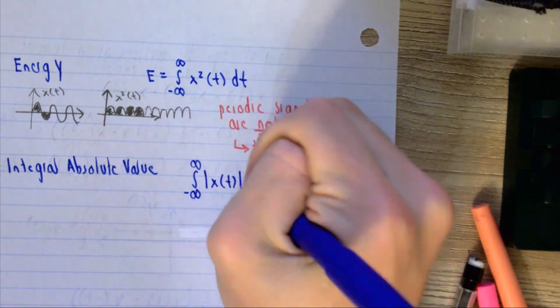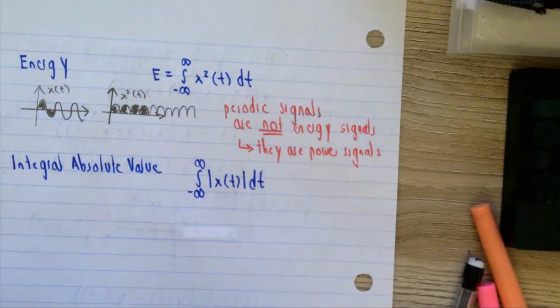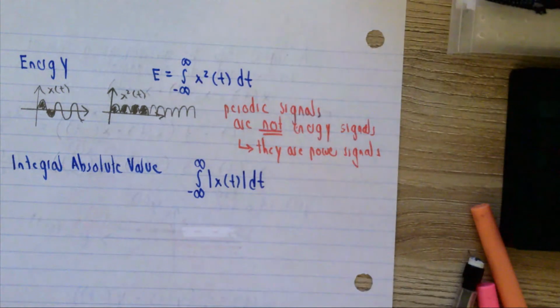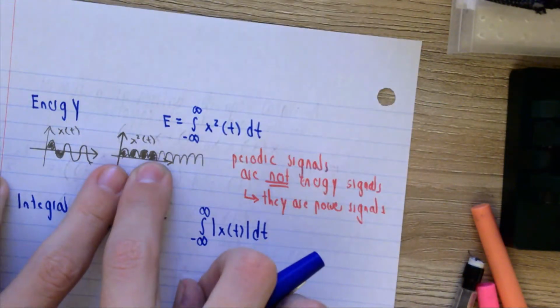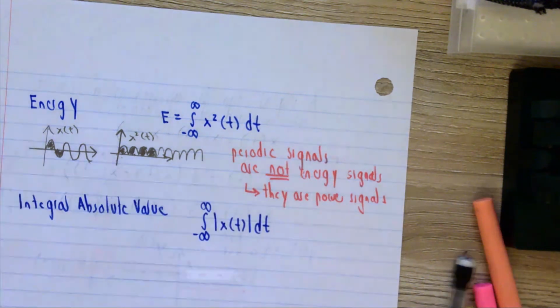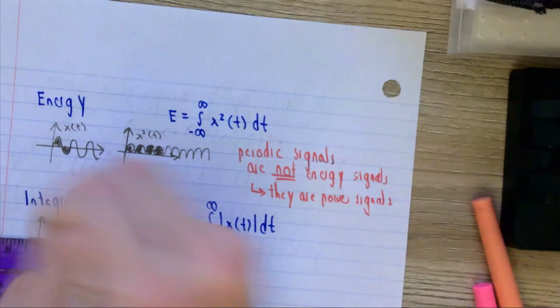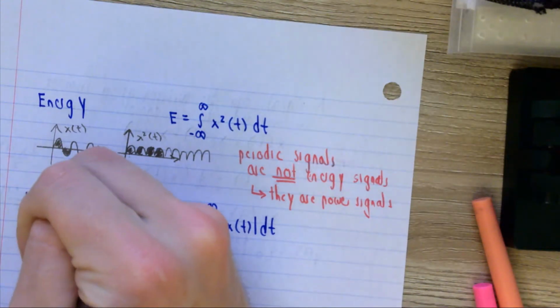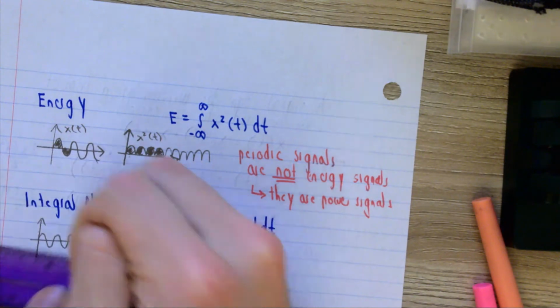What this was trying to do, like how we took the x squared term for the energy signal, is that instead of doing x squared, for the original sinusoid they just flipped everything into the positive.